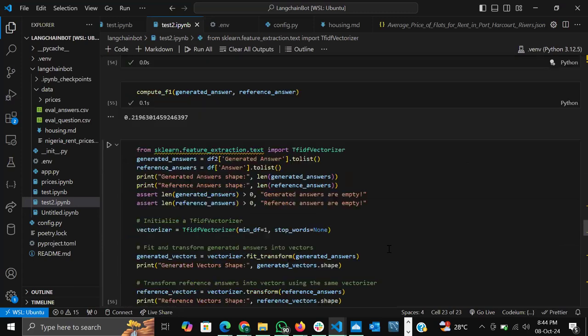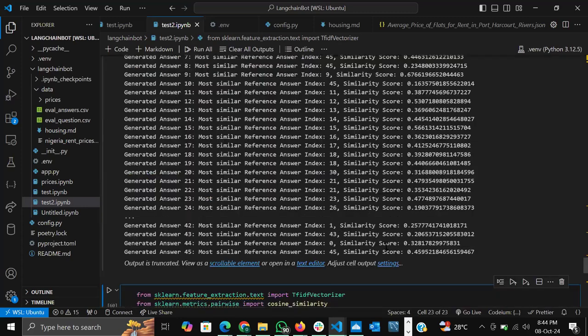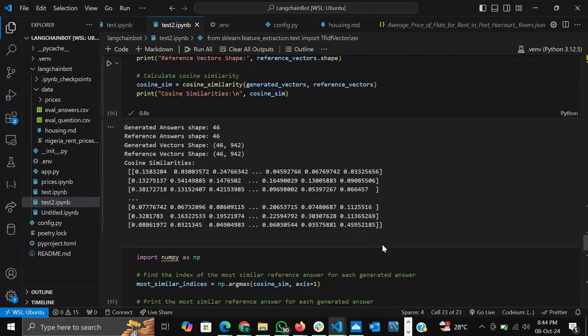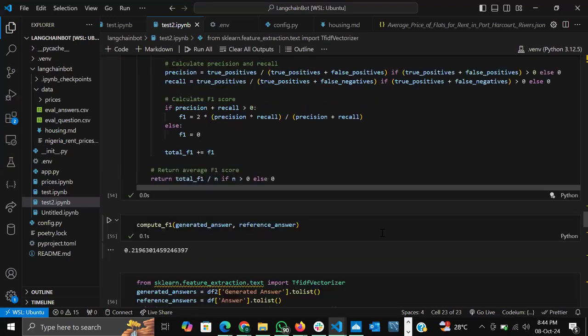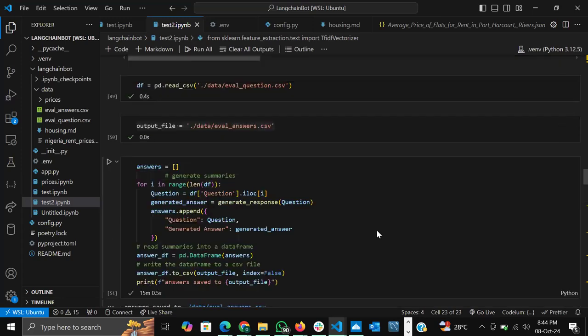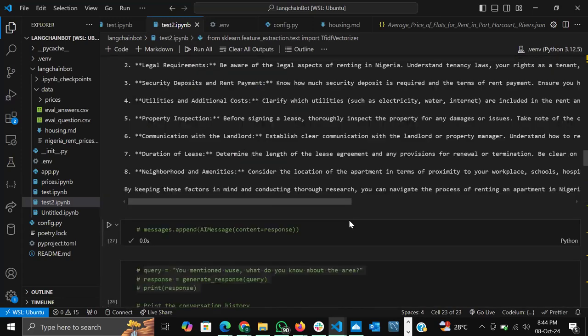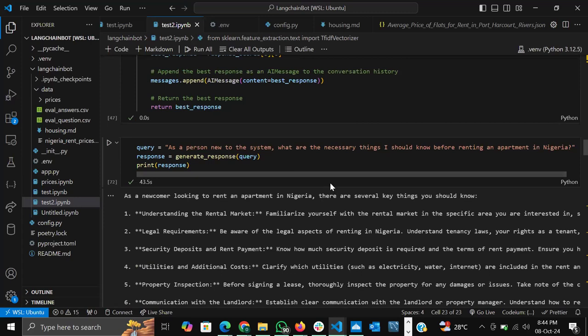So I'm just going to take us through answering about three questions. I'll give it three questions and see how good it does. Okay, I already have a question here. As a person new to the system, what are the necessary things I should know before renting an apartment in Nigeria?